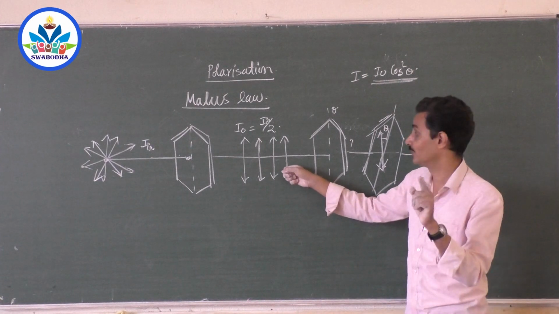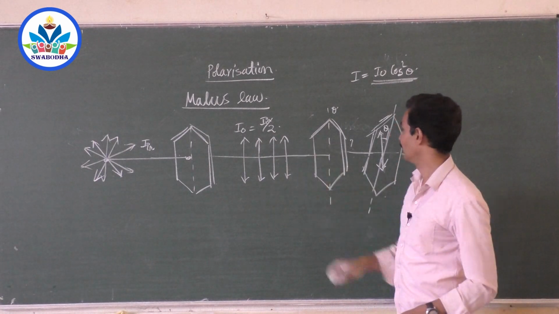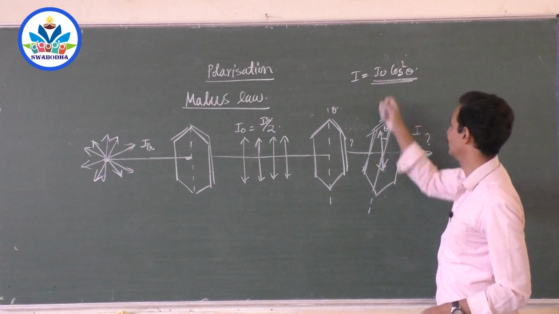Only the electric field vibrations which are remaining now, because it is a polarized light. So the angle between the electric field vibrations and the axis of the analyzer, that is theta.